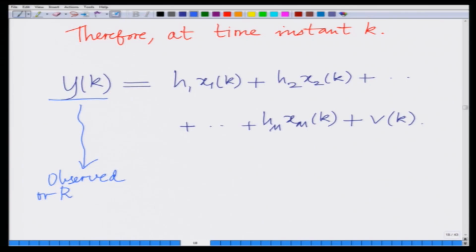This is the observed, or one can say your received symbol.